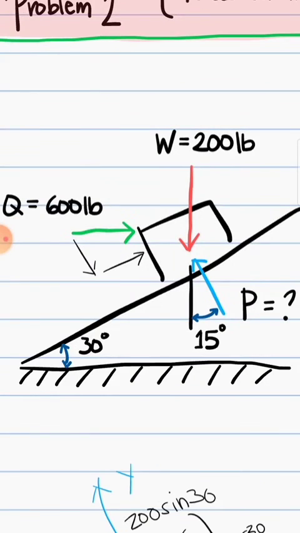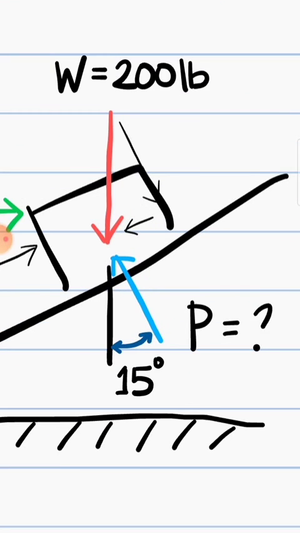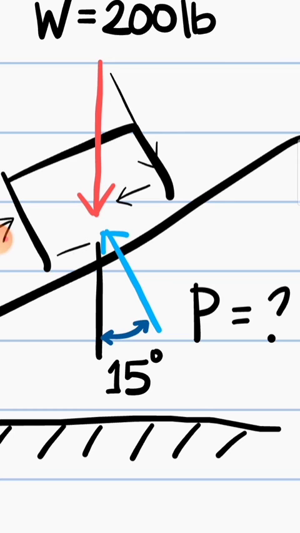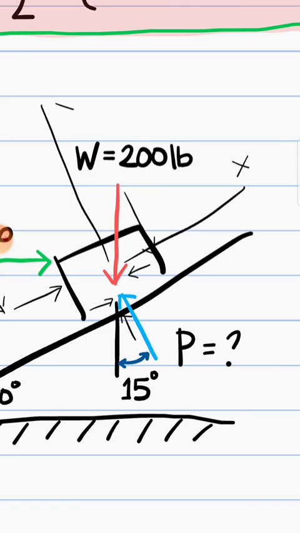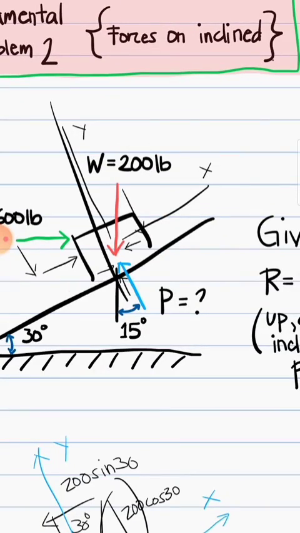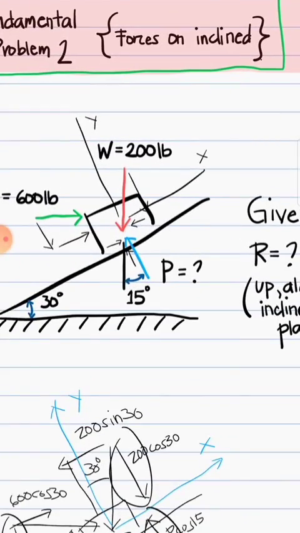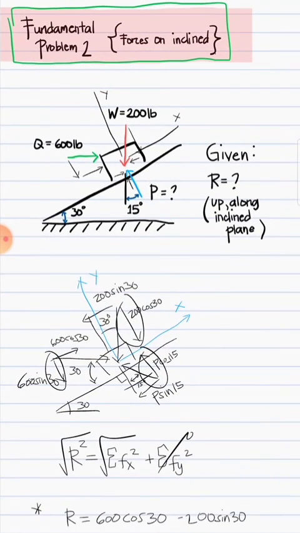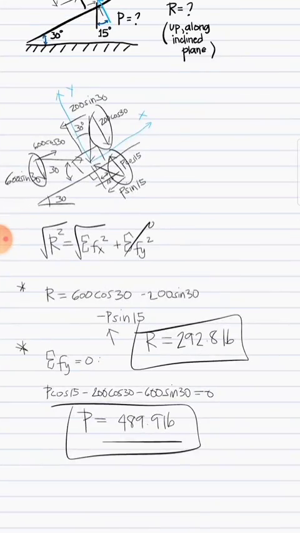These are the components of that 600, the components of this 200, and the components of this P, which is a very small force. Then we made an arbitrary axis, XY, and summed all the forces in the X and all the forces in the Y. Since there is no motion along the Y direction, we equate that to 0 to find P. Then, as we sum all the forces in the X, and since the Y is 0, the resultant is directly the sum of the forces in the X. So that's how we solve this problem.